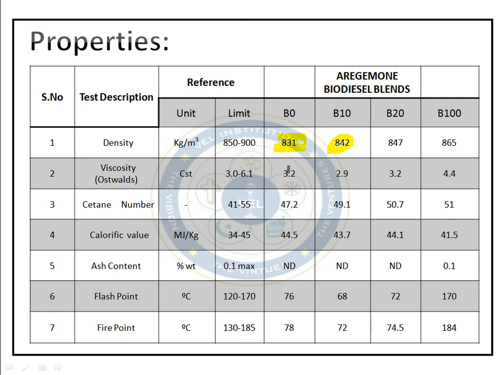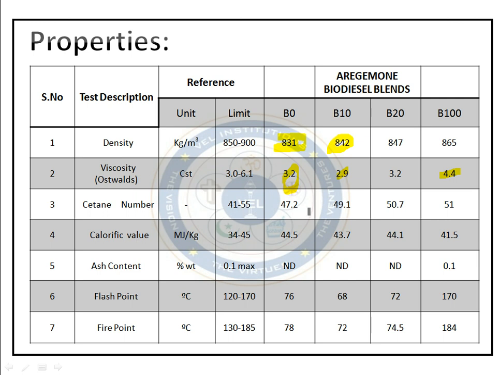Viscosity for the diesel is 3.2, for Argemone it is 4.4, but if you go for the B10 blend it's 2.9, less than the diesel. It gives more burning of fuel. In the cold winter season we do not have the problem of fuel flowing.